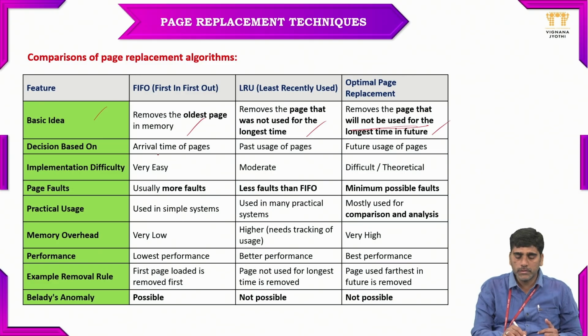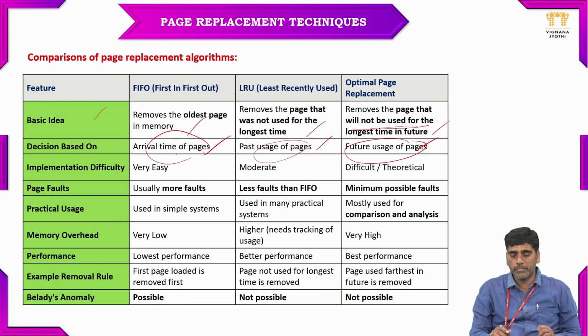The decision is based on the arrival time of pages, the past usage of pages, and the future usage of pages, right? So the page that comes first is the one that gets removed; that is the arrival time of pages. The past use refers to pages used earlier, and the future use refers to pages which will not be used for the longest period of time.